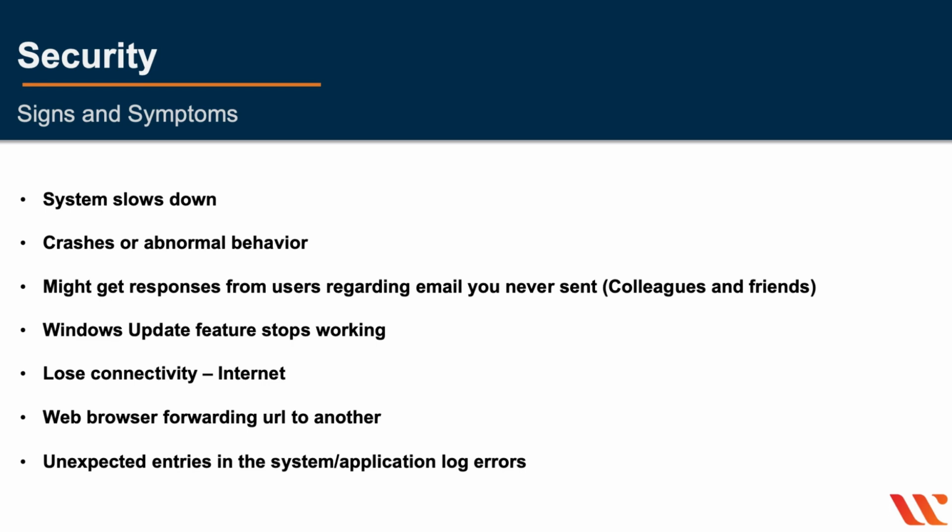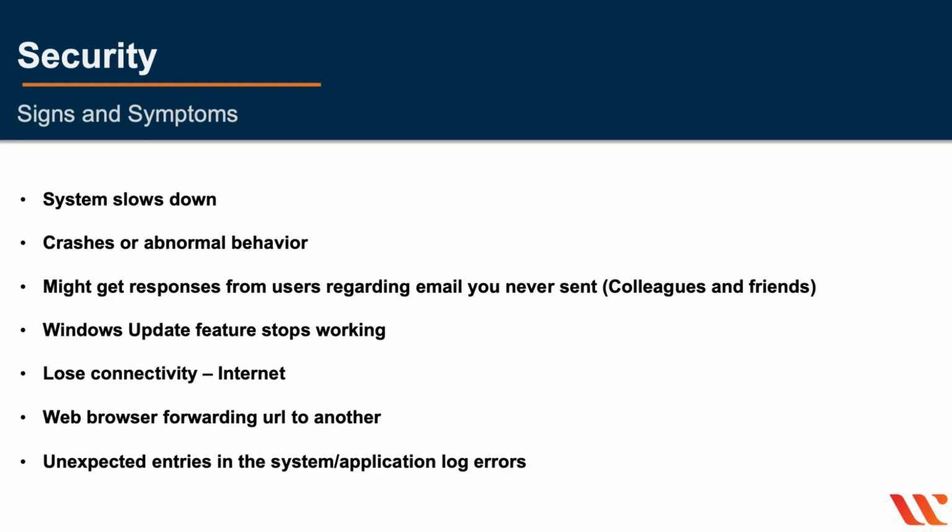The Windows Update feature might stop working. Updating Windows will always keep your system safe and secure from zero-day attacks and other security vulnerabilities, so a lot of the viruses and malware will try to stop you from updating.